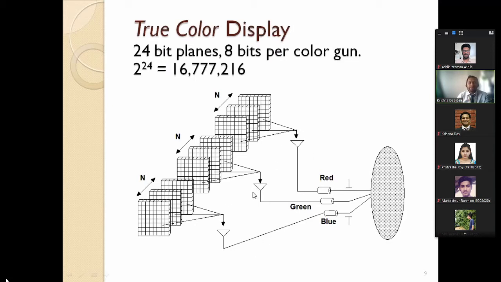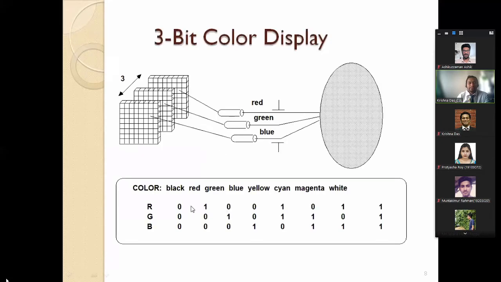So red, green and blue mutually distribute those bits, 8, 8, 8, 3 into 8. So for one pixel, the position for red has 8 bits, which is 8 combinations of 0 and 1.